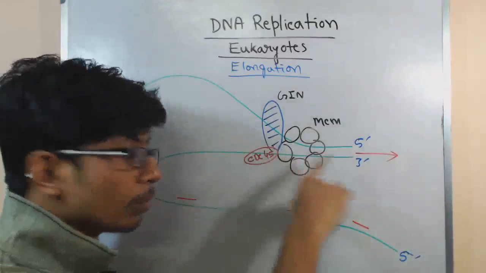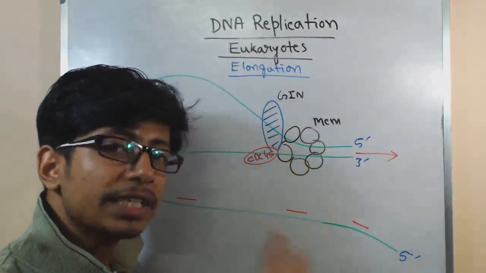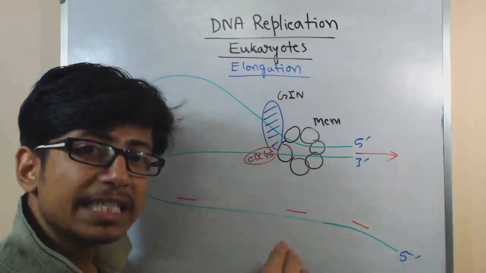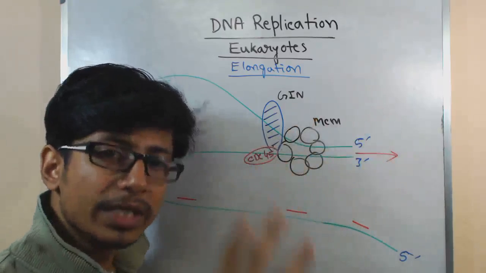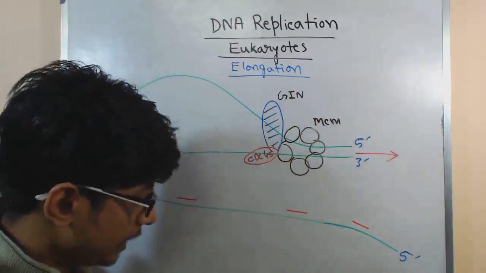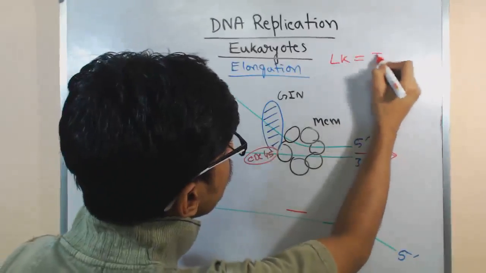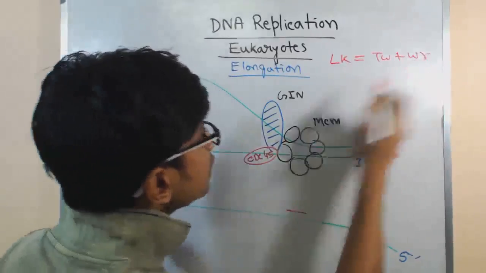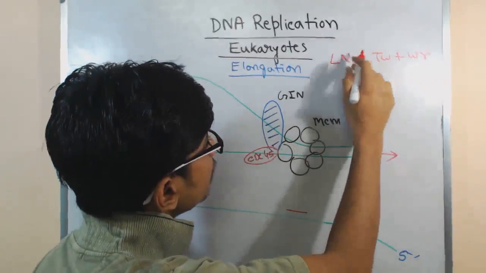So what is happening here? The twist of the DNA, the twist number, is decreasing, because we are opening the DNA. Remember the concept of the DNA linking number, which equals twist plus writhe. This is the idea, right? LN, or linking number, whatever.